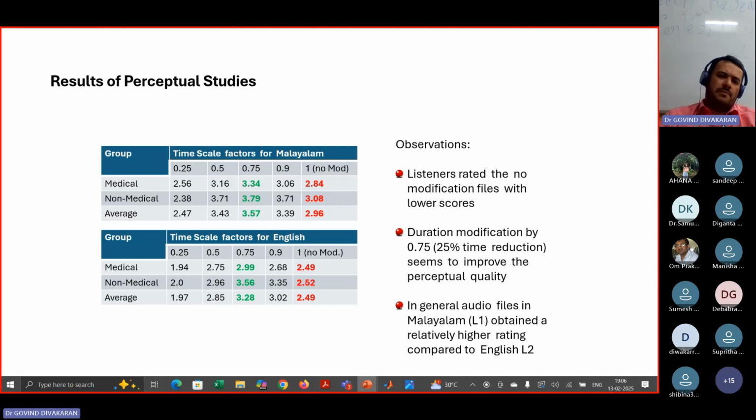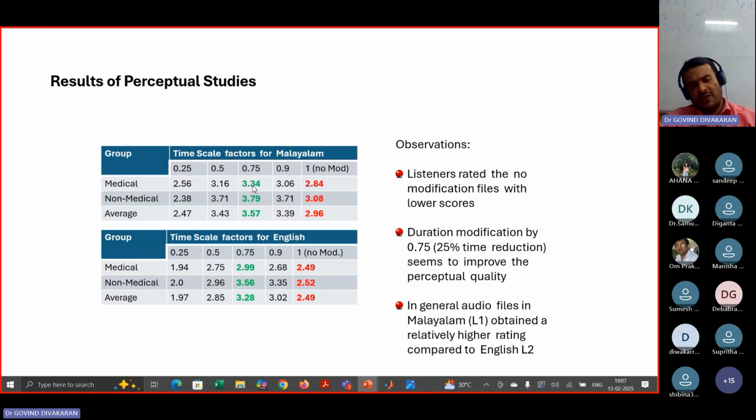While presenting to the subjects, when they evaluated it, as we have seen, for the no modification all of them unanimously provided low scores. Whereas when we used the time scaling algorithm with a factor of 0.75, it was found to give a better score.